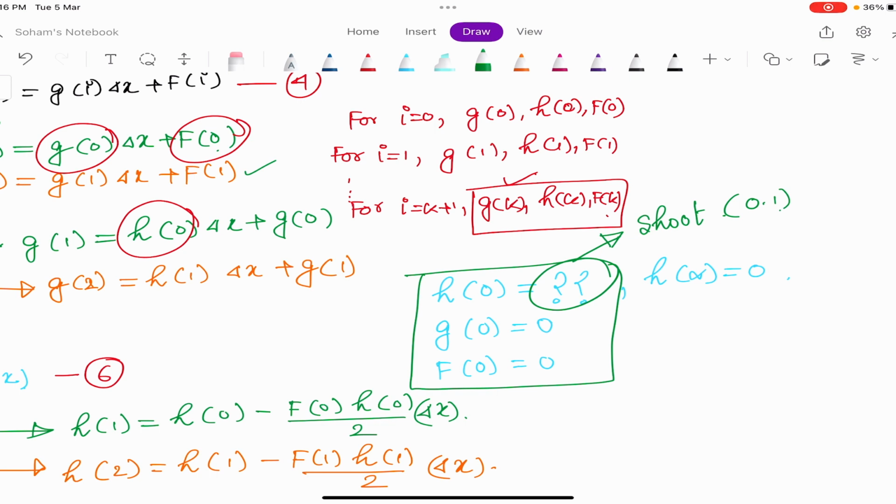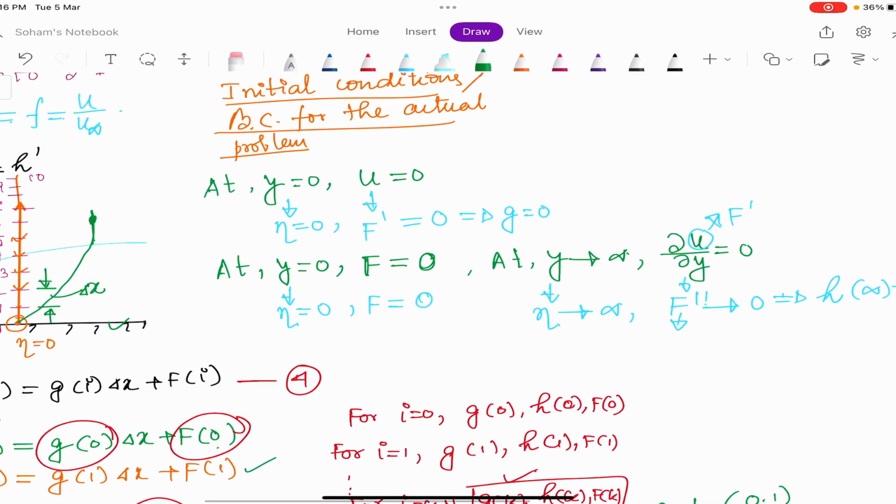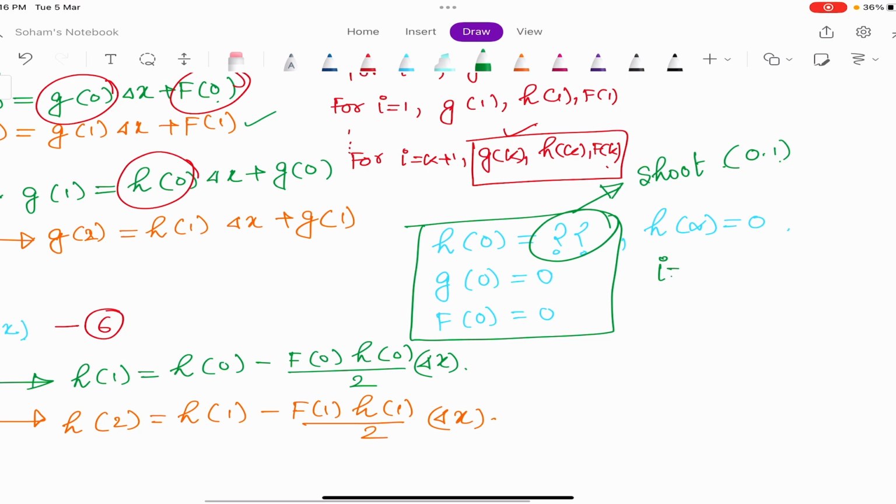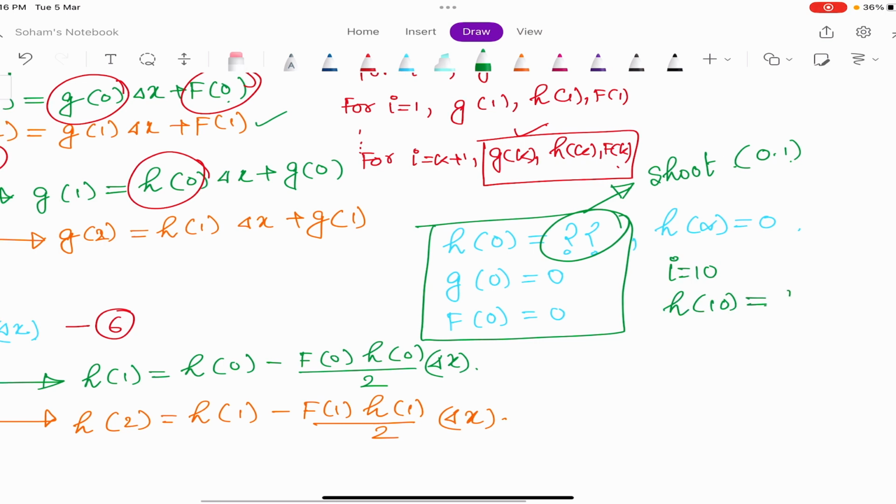For a larger distance, let us say at eta equal to 10, you have to find h of 10. It will not come as exactly 0, but it should come nearly as 0. So that should be your check.